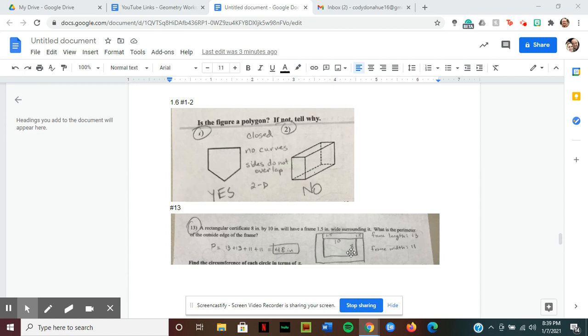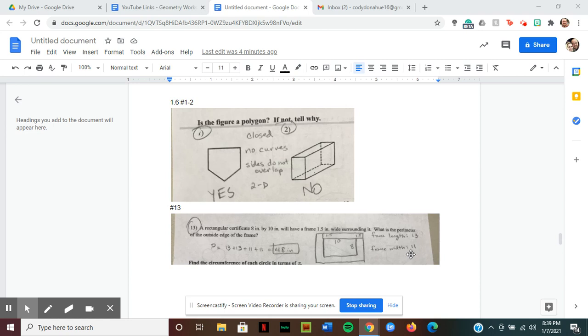Same with the width. The width currently has a length of 8 inches. That's the width of the certificate. Now it's going to be 1.5 inches up here and then 1.5 inches down here. So the width of the frame is going to be 8 plus 1.5 up here and 1.5 down here.